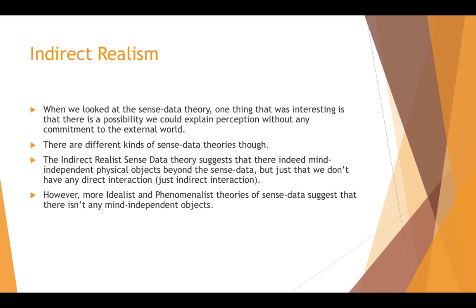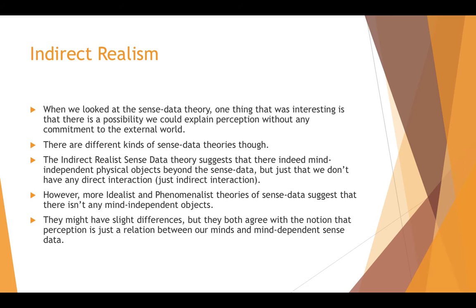There is just sense data. So they might have slight differences, but we can both agree that perception is just a relation between our minds and this mind-dependent sense data. That's what's different. There's no mind-independent link.